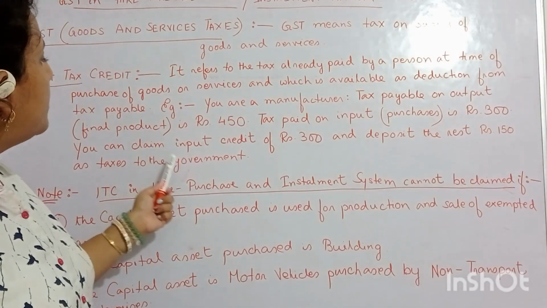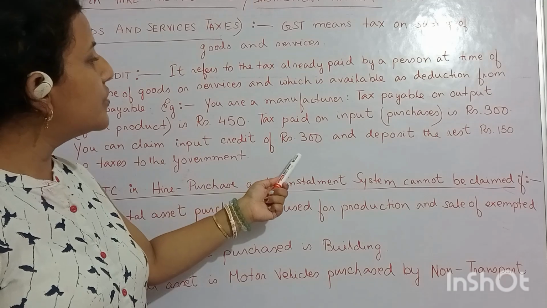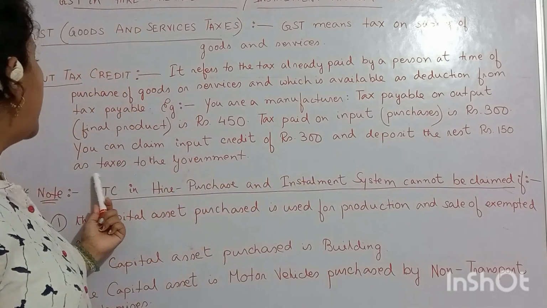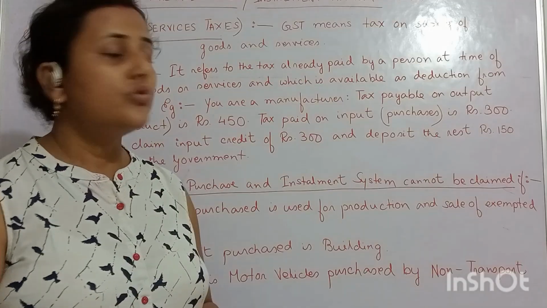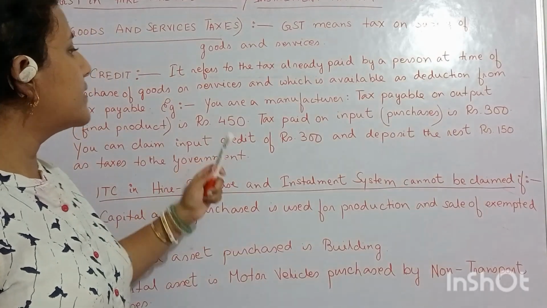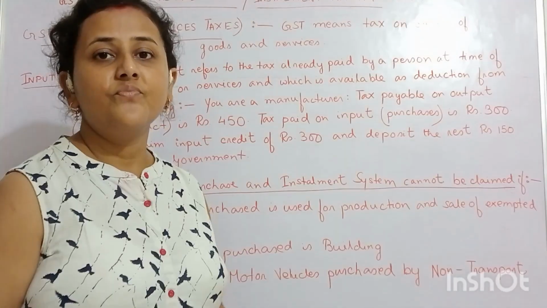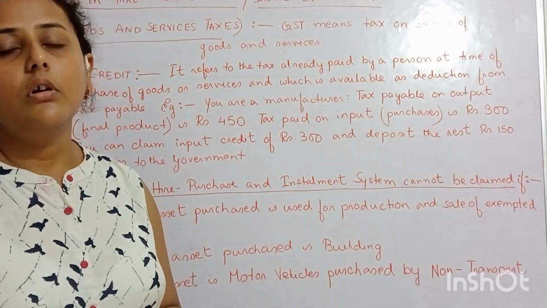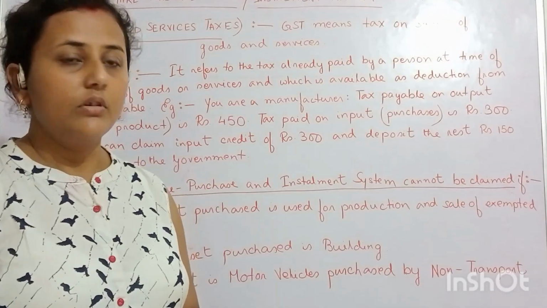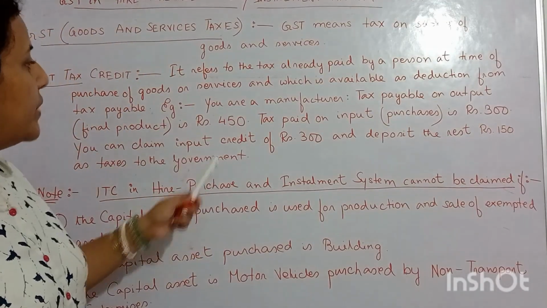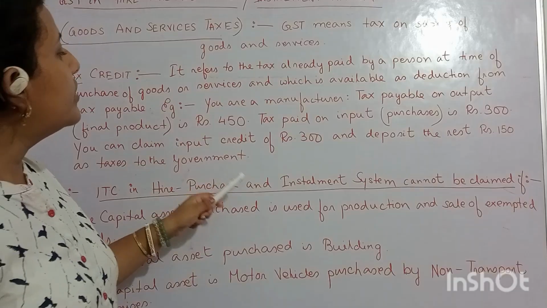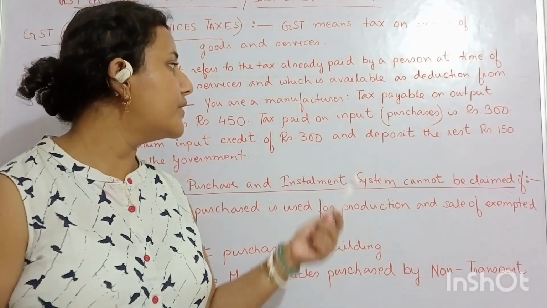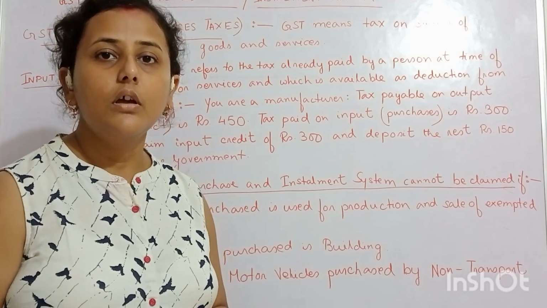You can claim input credit of rupees 300 and deposit the rest, rupees 150, as taxes to the government. The manufacturer can claim an input tax credit of rupees 300, as he has paid rupees 300 for the purchase of the product.